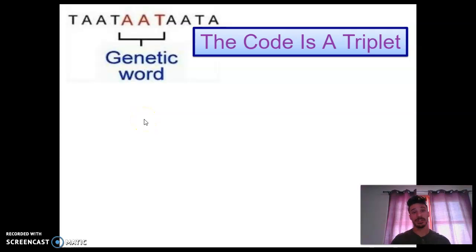Okay, so the DNA code is read in a triplet. You can call it like the genetic word. If you look up here, AAT, that is how DNA polymerase and other enzymes in your cells are going to read your DNA, in triplets of 3 nucleotides.